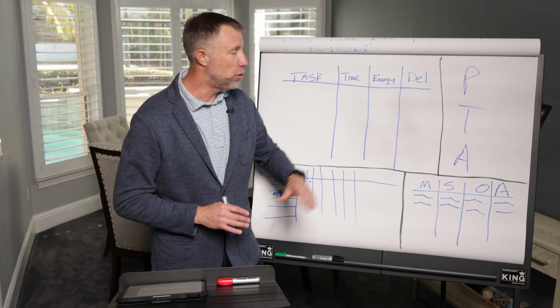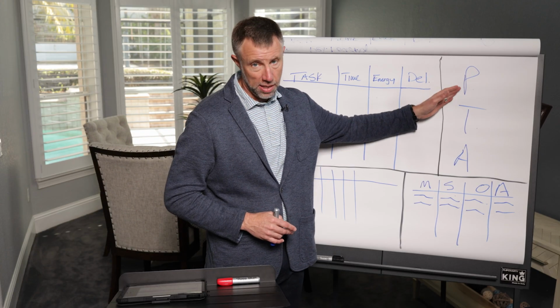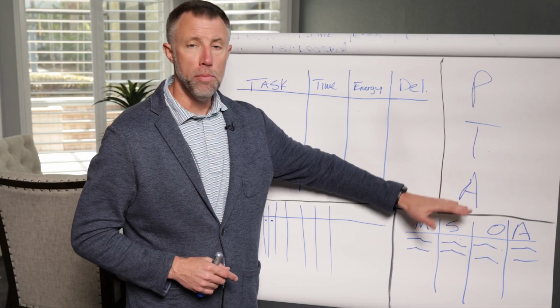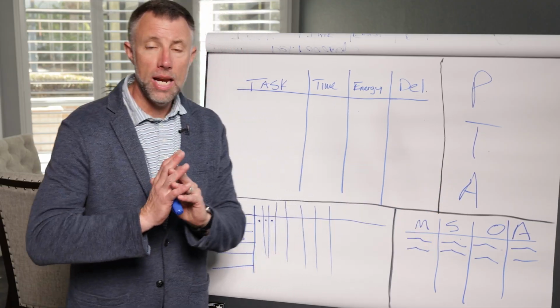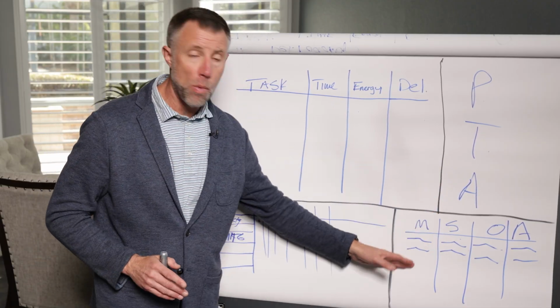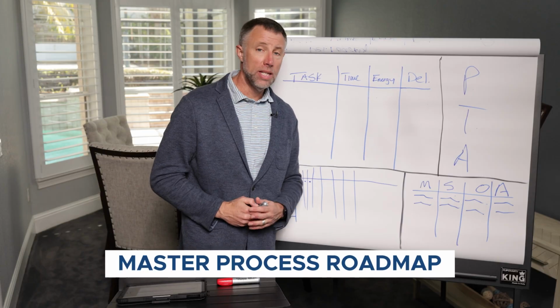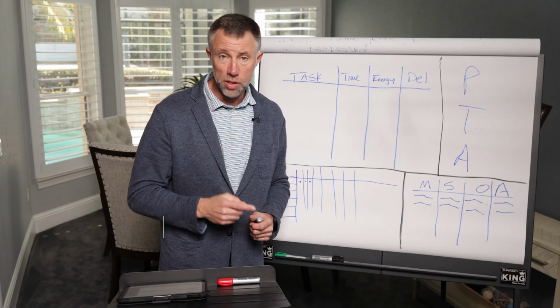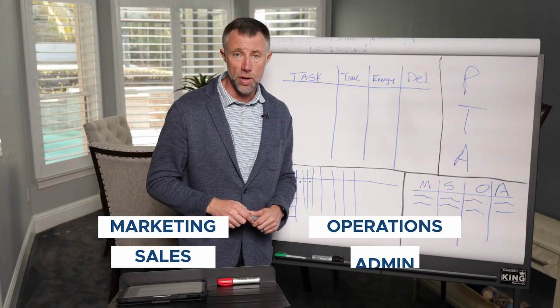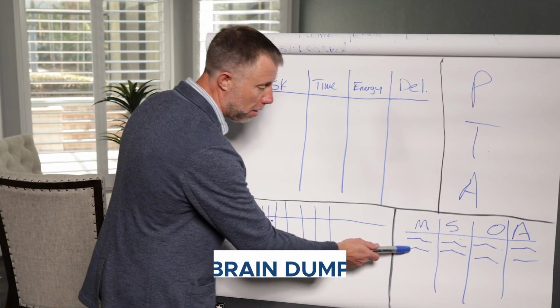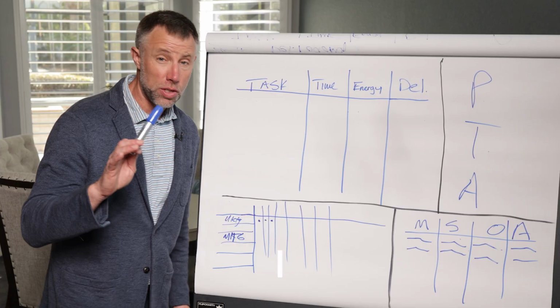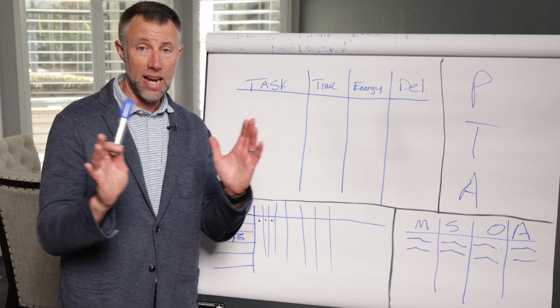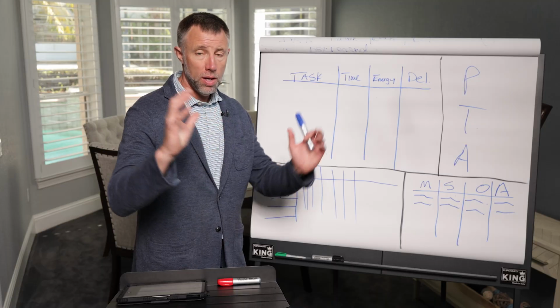So how do we do that? If we do one project or process by processing it, training it, and holding accountability, then we do multiple processes by understanding what those processes are. So we bring in what we call the master process roadmap. It's broken down into the 4 core systems of every business: marketing, sales, operations, and administration. We set a timer and we do a brain dump of all the tens, 20s, hundreds, thousands of processes that exist in every business, from small to big.